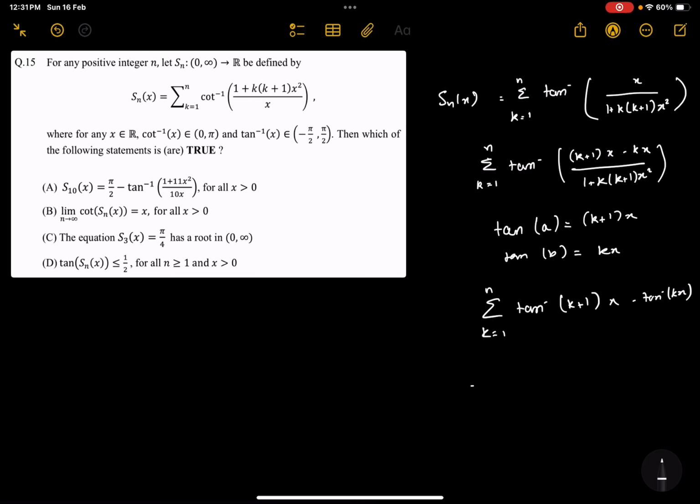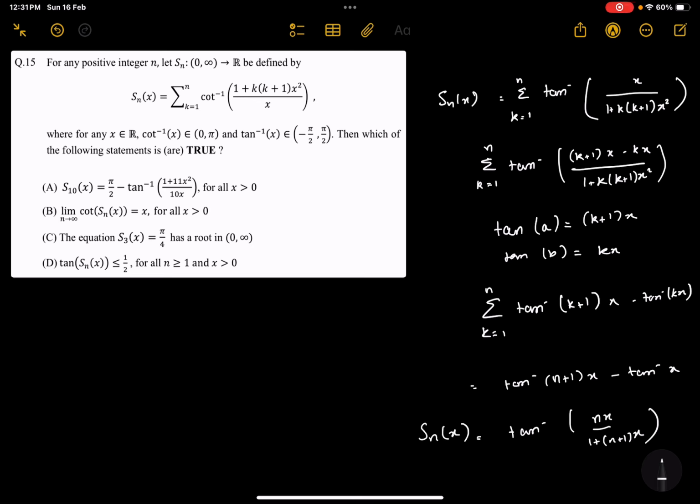So this becomes tan inverse of n plus 1 times x minus tan inverse of x, which becomes tan inverse of nx upon 1 plus n plus 1 times x square.